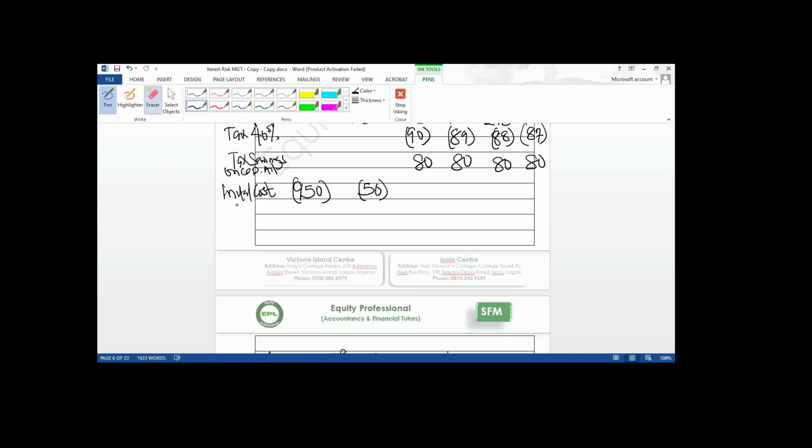You can slash this. Initial cost, slash working capital.